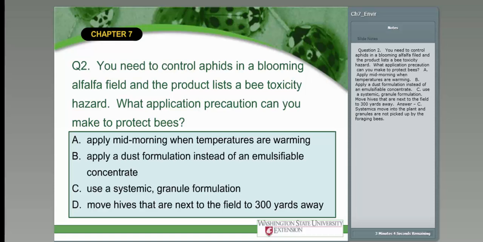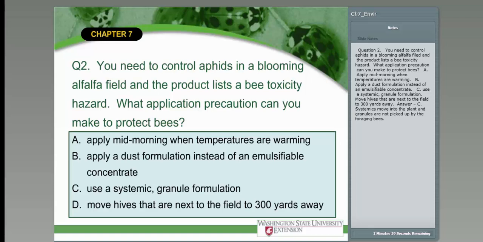Question 2. You need to control aphids in a blooming alfalfa field, and the product lists a bee toxicity hazard. What application precaution can you make to protect bees? A. Applied mid-morning when temperatures are warming. B. Apply a dust formulation instead of an emulsifiable concentrate.